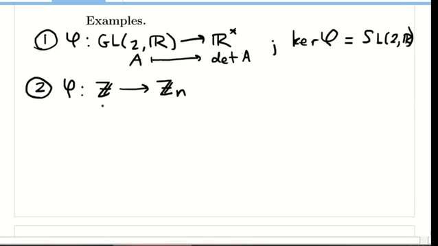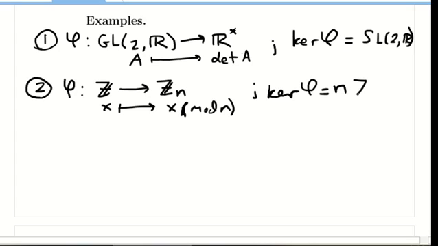So obviously, we're going to take x and then send it to its equivalence class modulo n, right? So what's the kernel? It's all the multiples of n, right?